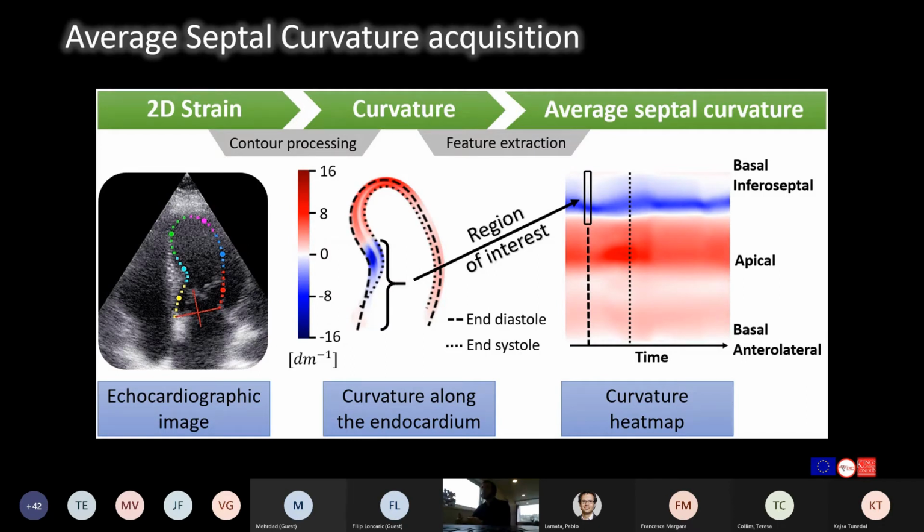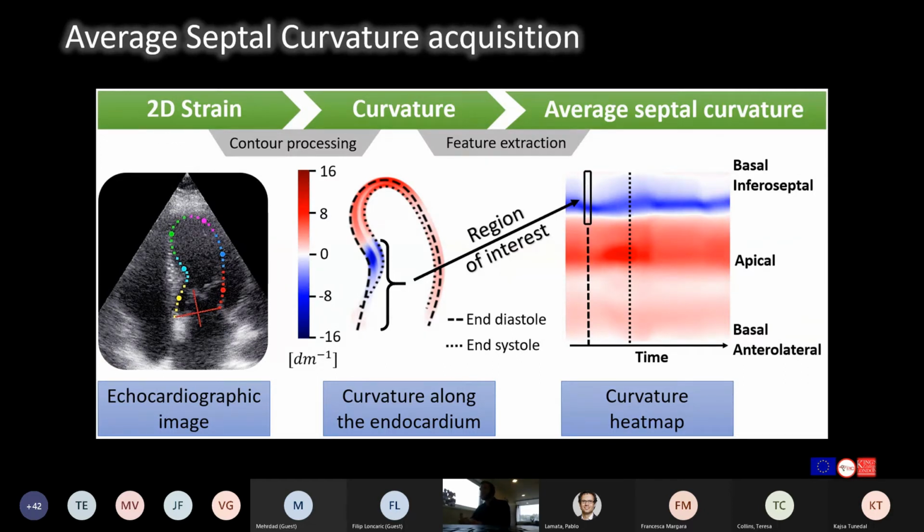And although we were able to calculate it for the full cardiac cycle, we decided to focus only on the end diastole to find a true remodeling shape feature. And also we took just the basal and middle parts of the septum and aggregated it to a curvature index, which we named average septal curvature.